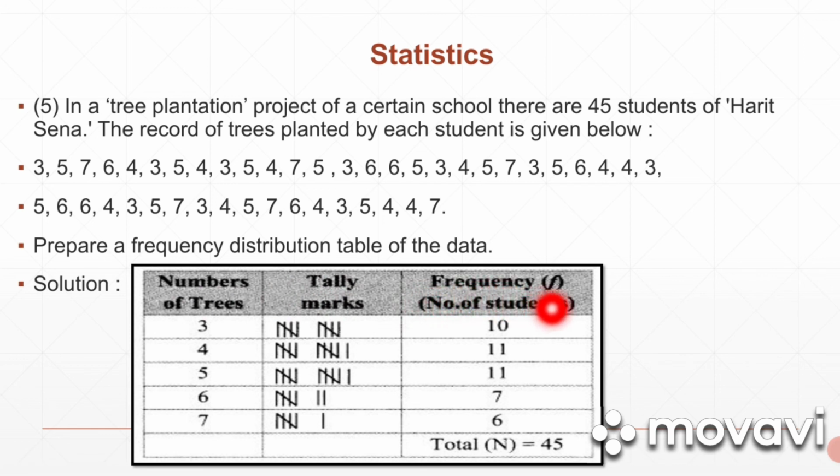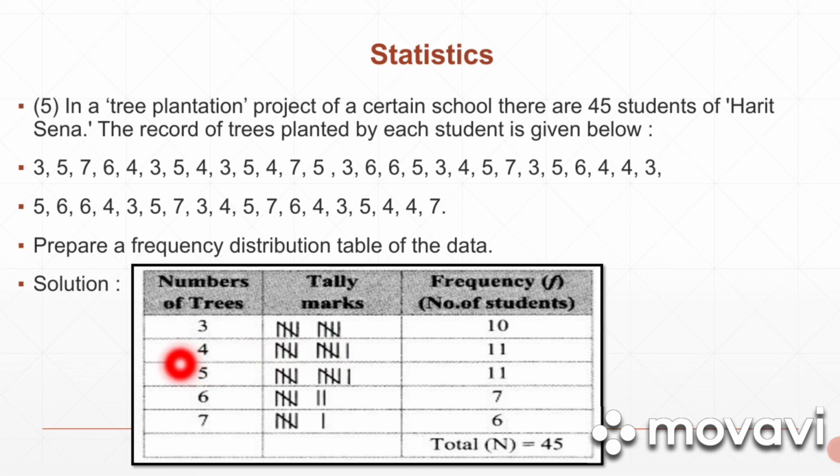The frequency is written as small f. From the arranged data, we write the number of trees planted by students in the first column. We use tally marks to denote the number of students, and we record the number of students in the third column, which is frequency. Therefore, the number of students who planted 3 trees are 10.